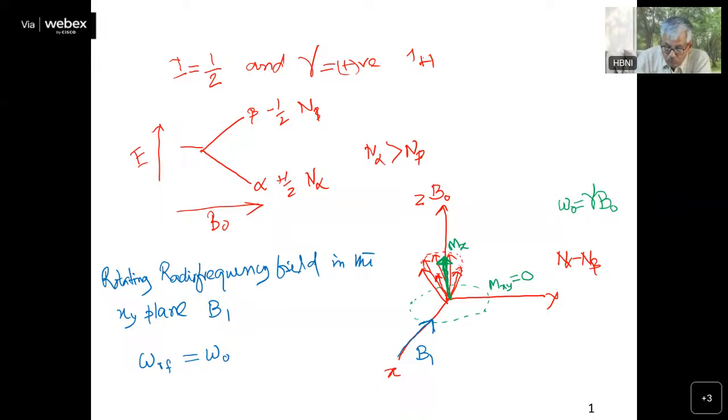So when these two match, you will see phase coherence among these. Next, again I will draw it here.